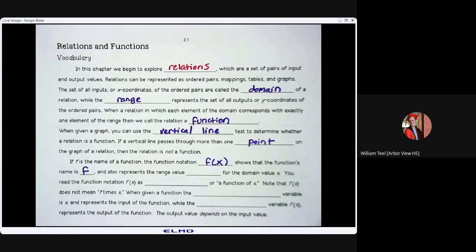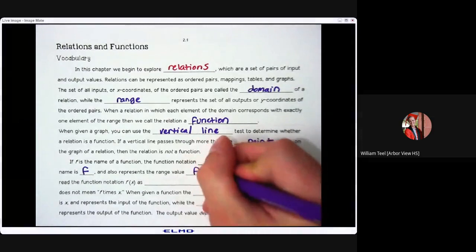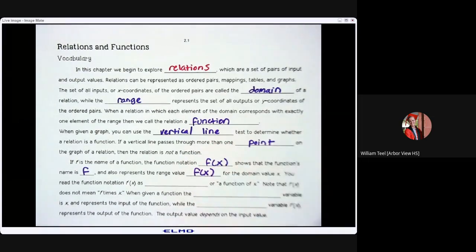This also represents the range value f of x for the domain value x. So f of x represents the range, that's the output if you have an input x. So just know that f of x is your output. We might see f of x equals something or y equals something. Those are really interchangeable because both of those represent the output or the range of a relation.